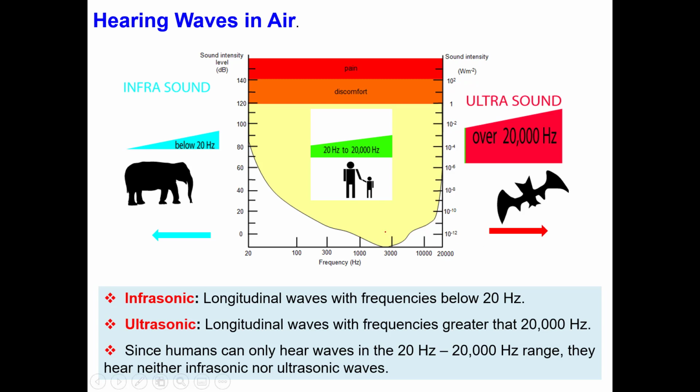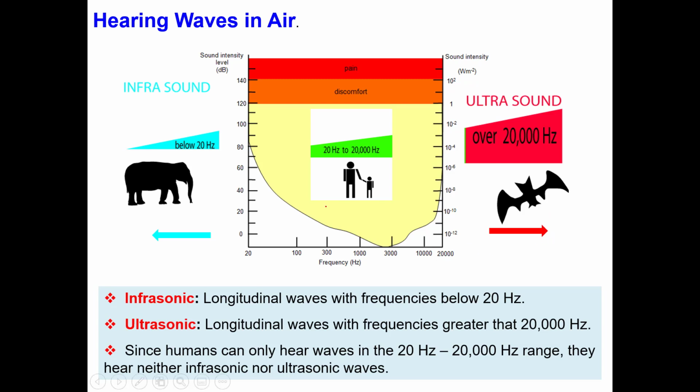Below 20 hertz, we call this region infrasound, and for example, elephants can hear sound with this frequency. Above 20 kilohertz is the ultrasound region, and for example, bats can hear sounds at those frequencies.